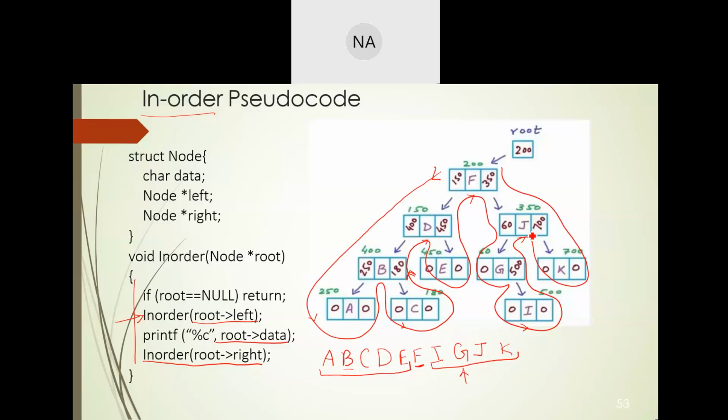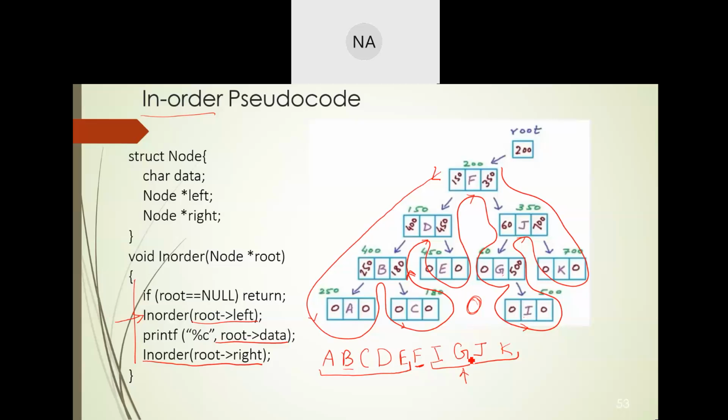Here the left subtree of node G is empty. So you will simply print F, I, then G, and then you'll traverse K. Left, then the root node, then the right.